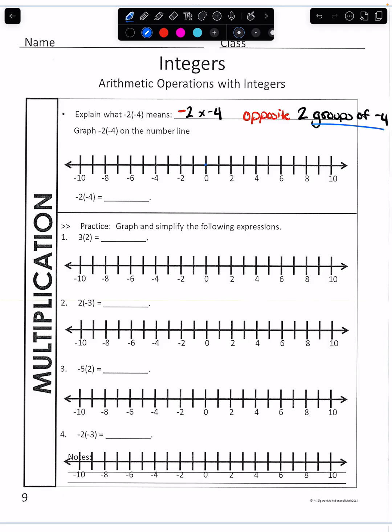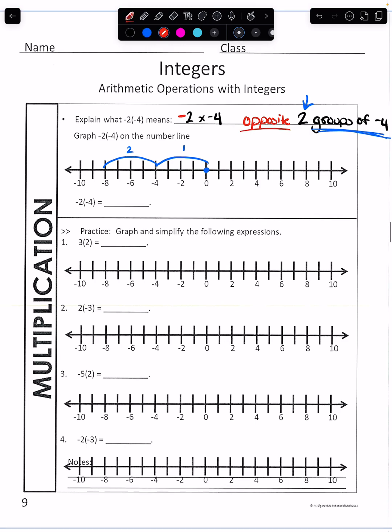So I'm going to start at my 0, go negative 4. Here's one group. Says I have 2 groups, so I'm going to go one more. Now I got to go opposite of whatever I just did, and I will end up at 8.